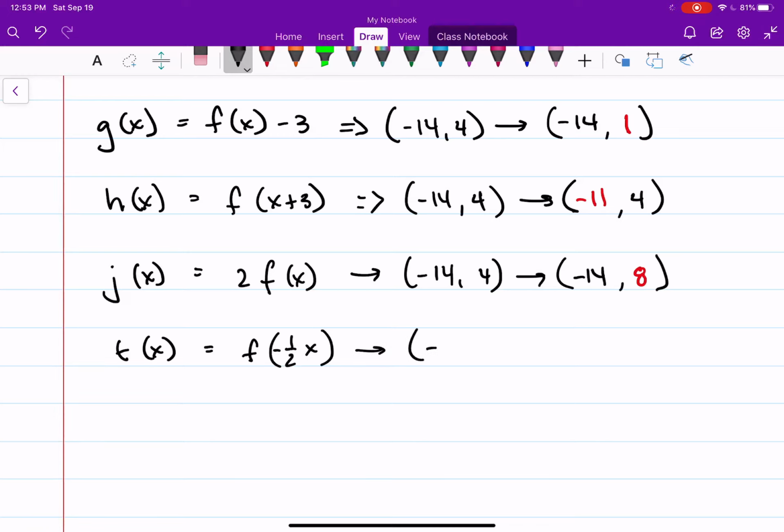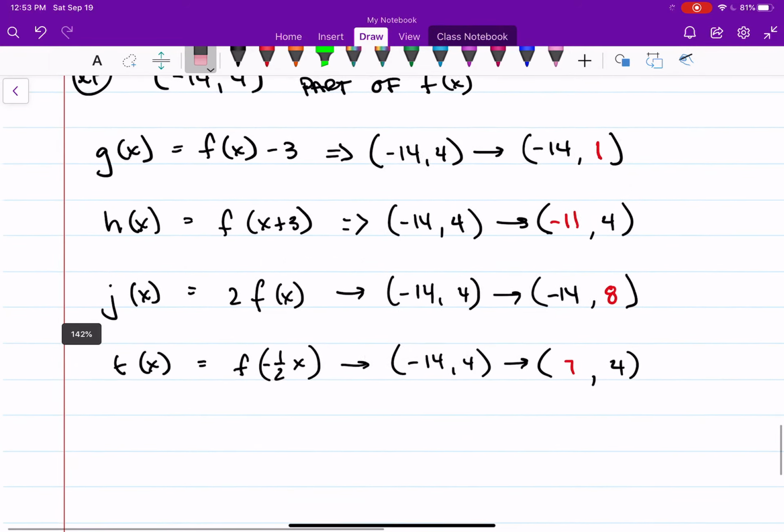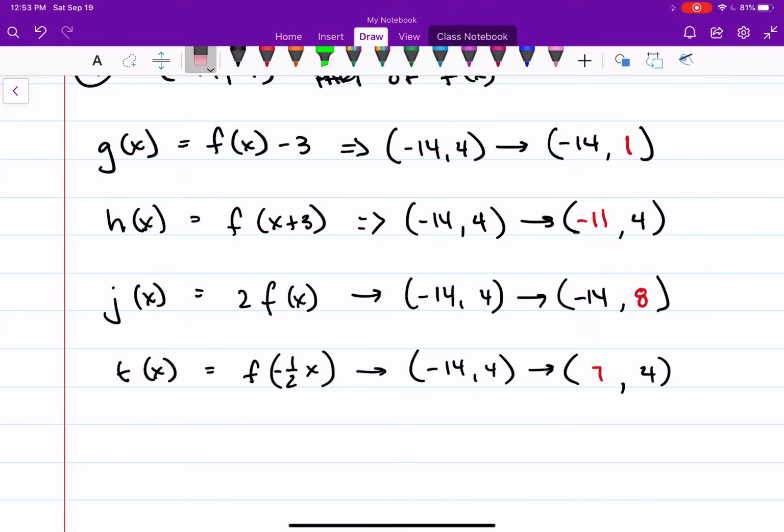So I take the point, and that's going to become what? Okay, because again, this is taking the x value and multiplying by negative 1/2. So negative 1/2 times negative 14 will be positive 7. There we go. Initially, you guys were thinking, wow, this is going to be so hard, but it really isn't, right? All right, so next problem.